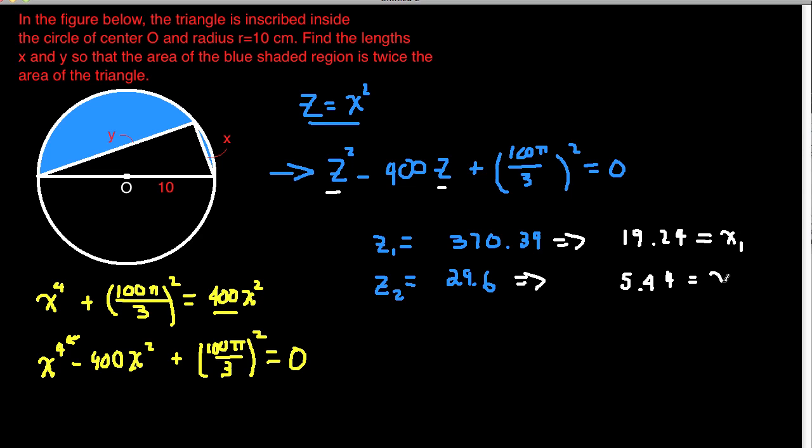So we have two values of x that work. Now, in actuality, one of these is the value of x, and the other is the value of y. So we could take this to be 5.44, take this to be 19.24.